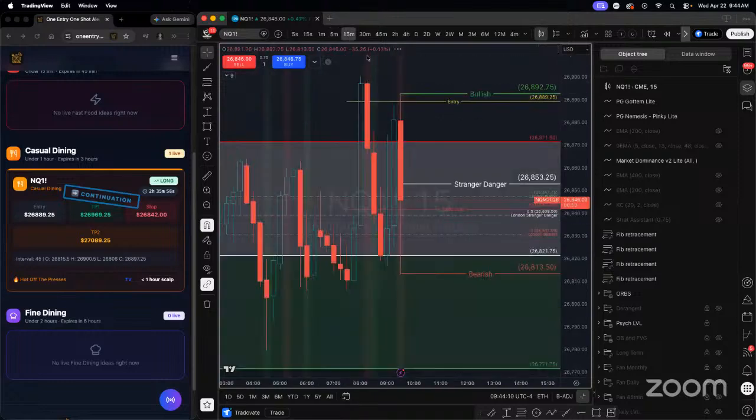But then the 15 minute is going to finish relatively red, and it would be very, very risky to take a trade like that. But we'll see. One step at a time.